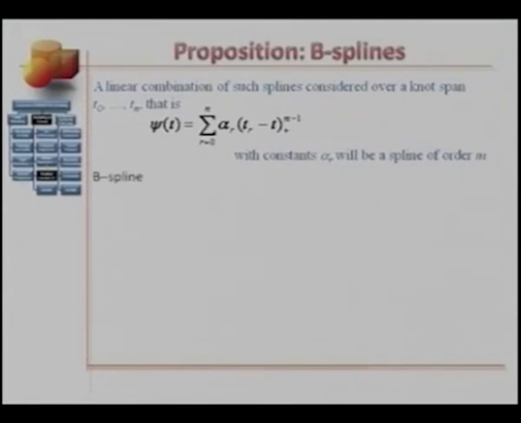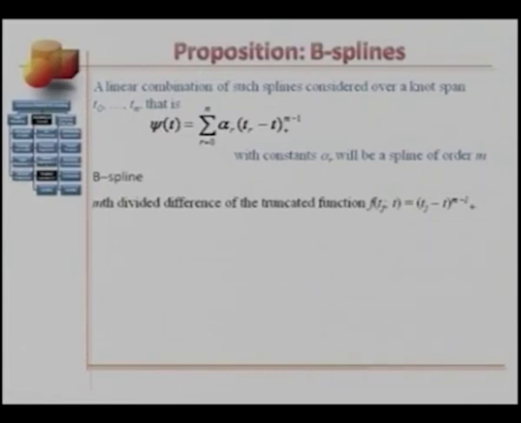A b-spline basis function is the mth divided difference of the truncated function f(tj : t), which is equal to (tj minus t) truncated raised to m minus 1. If you're finding it a little difficult to understand this, replace tj by s.